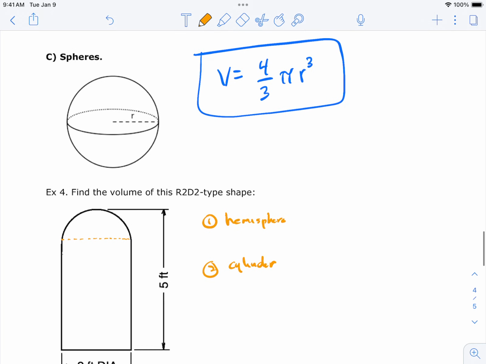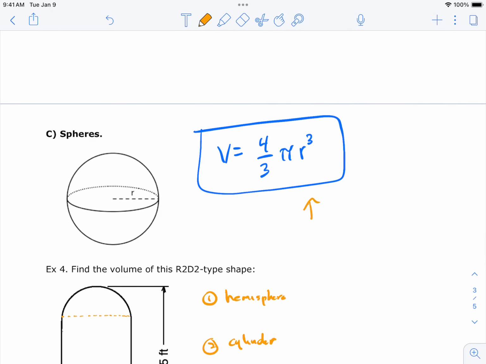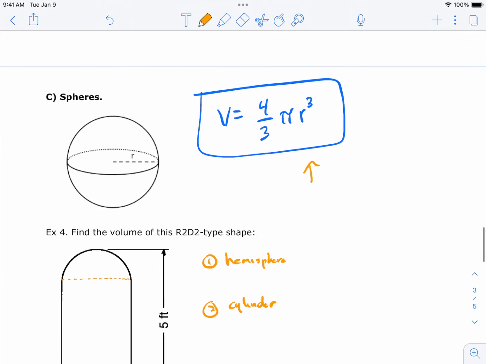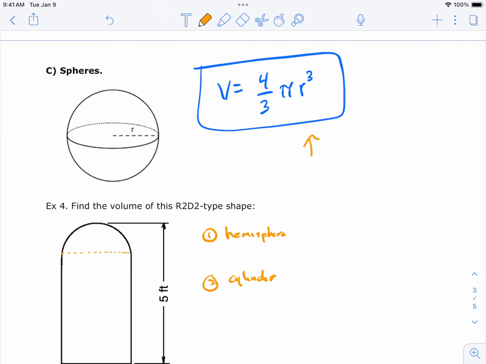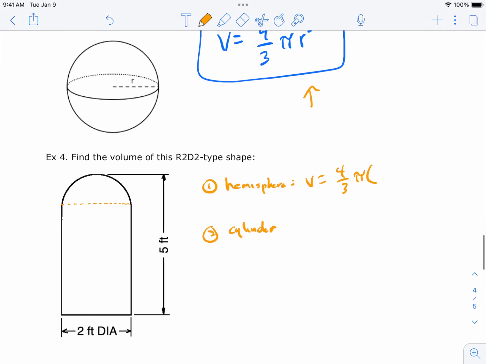Now for the hemisphere, we're going to use that formula, except that formula is for the whole sphere, and we only got half a sphere. So we'll use that formula, and then we'll have to cut it in half. So the volume would be 4/3 pi. Now we need to put the r in. What's the r? Well, the radius is the same from here to any point on that thing.